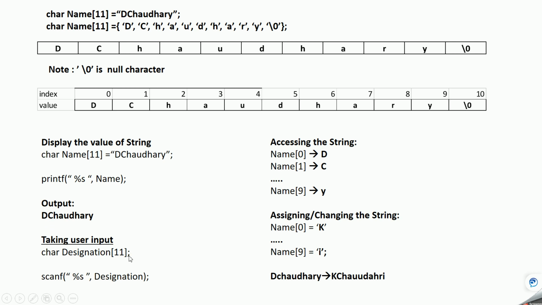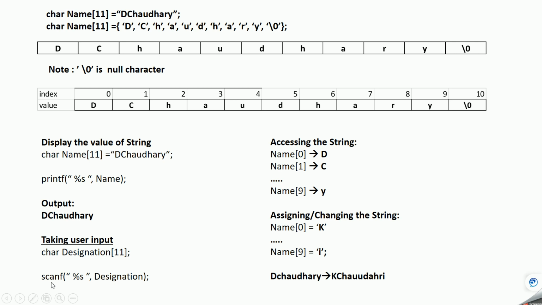And one more thing you can do is read a value from the user. Like here I have not given the value of this string, and I want to read the value into this variable, designation. I want to type some value from the command prompt.